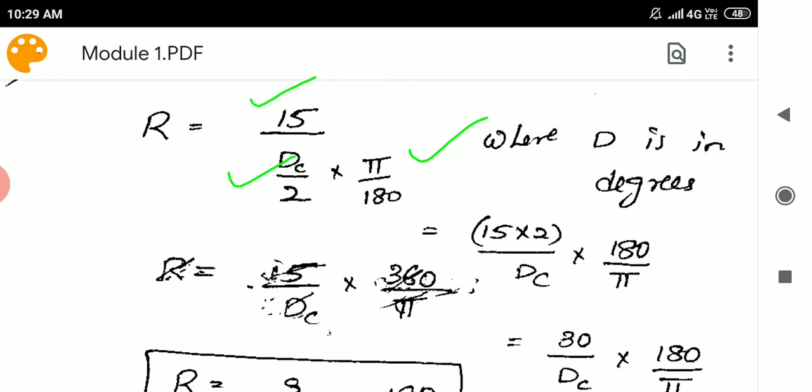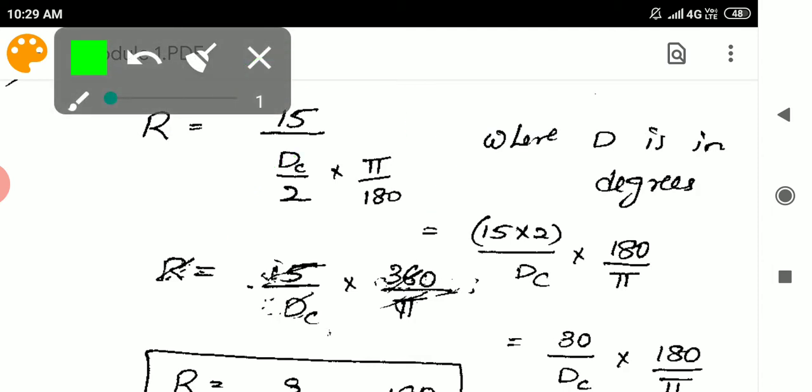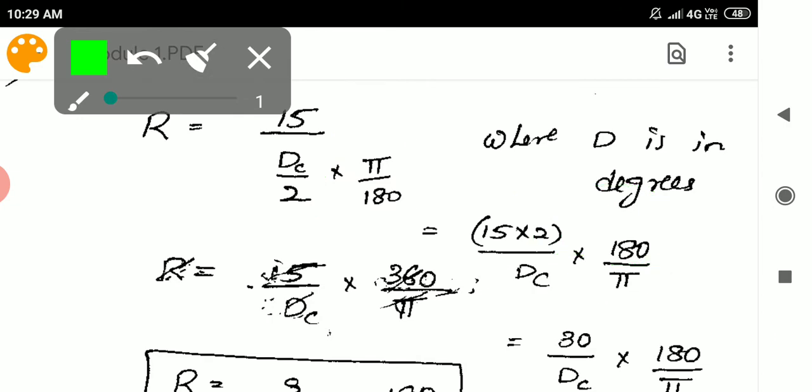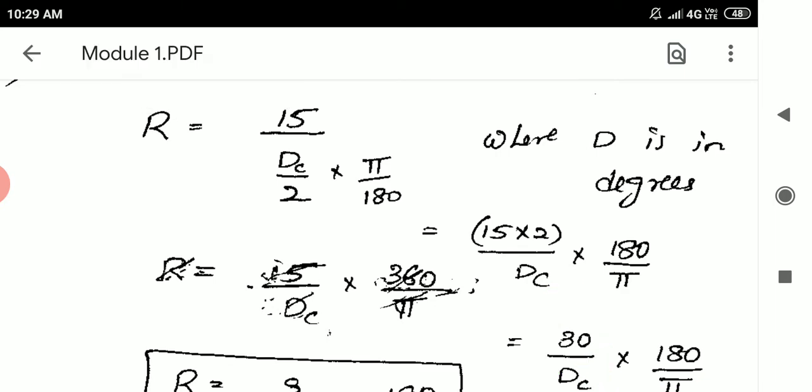See here, after solving all these, 2 comes upward, 180 comes upward, then 15 into 2 into 180 divided by DC into pi. After solving, 15 into 2 is 30, and 180 by pi divided by DC remains like this.